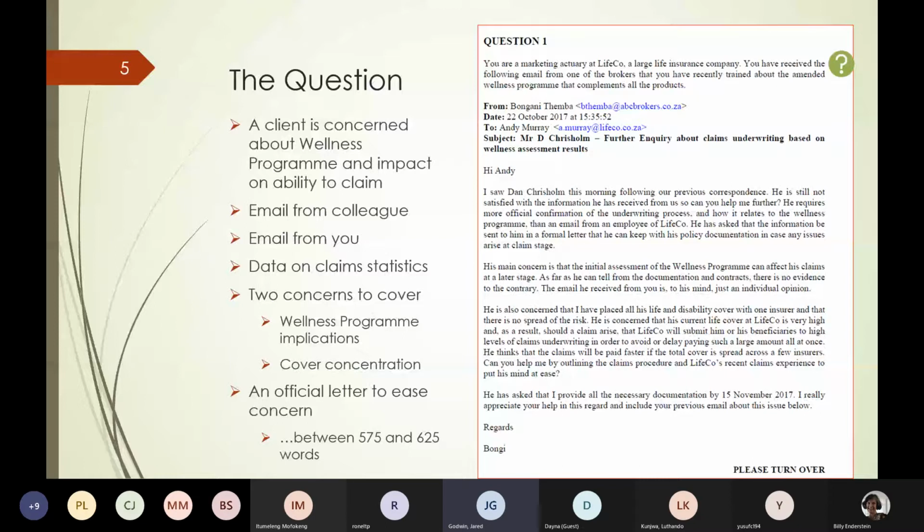They aim at the range that, if you answered all of the instructions, you'll find yourself in. I always tell students to aim for the top side of that range. So I would aim for the 625, but don't go over. It's easy marks that you're throwing away if you go over or under your word count.